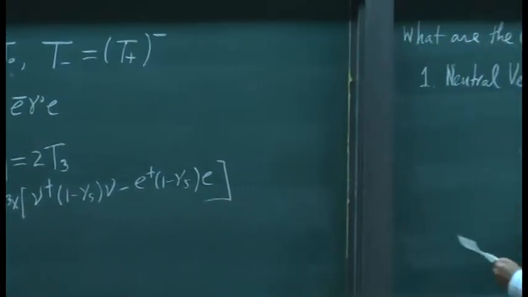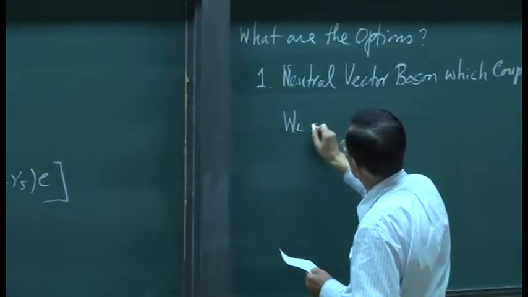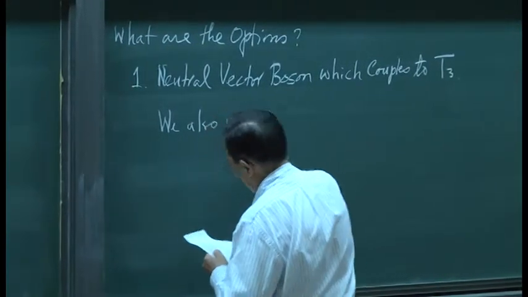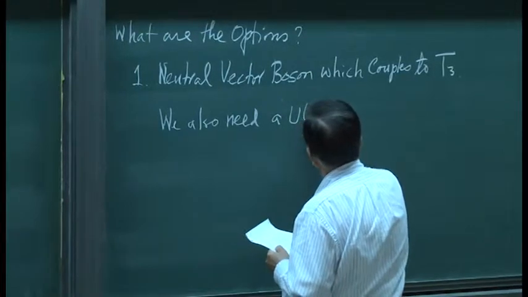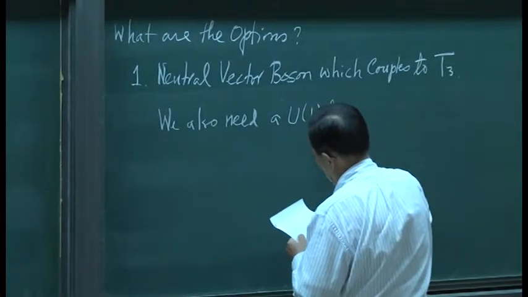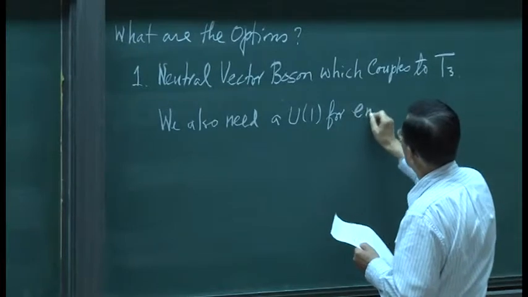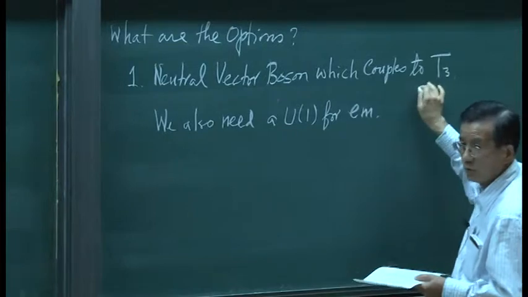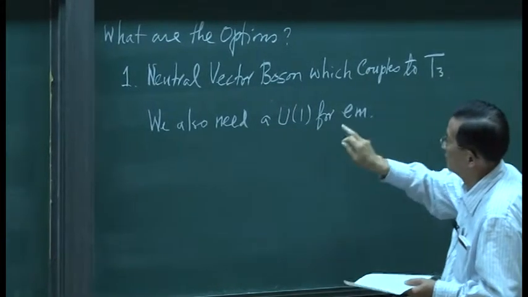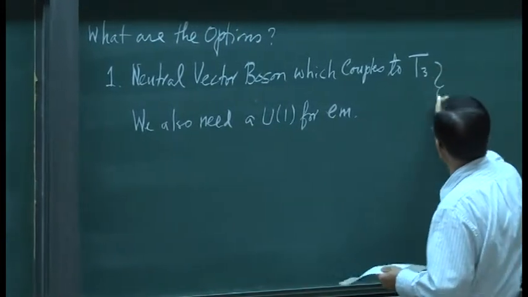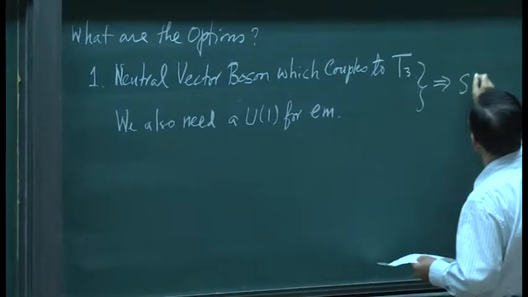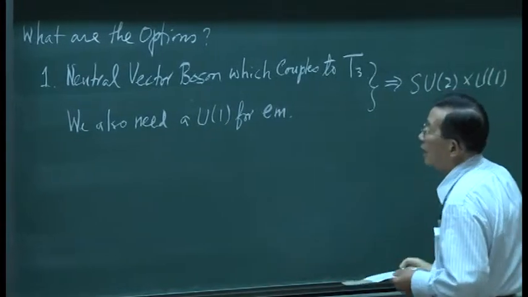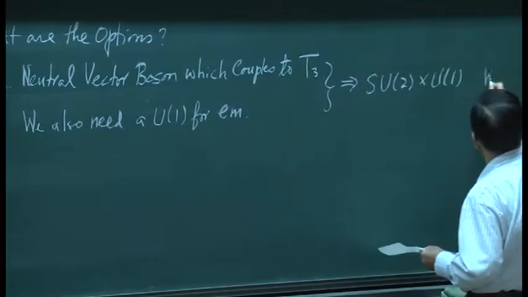And then we also need a U1 for the electromagnetic interactions. So when you introduce this, these together just form SU2. And this is Weinberg's choice.